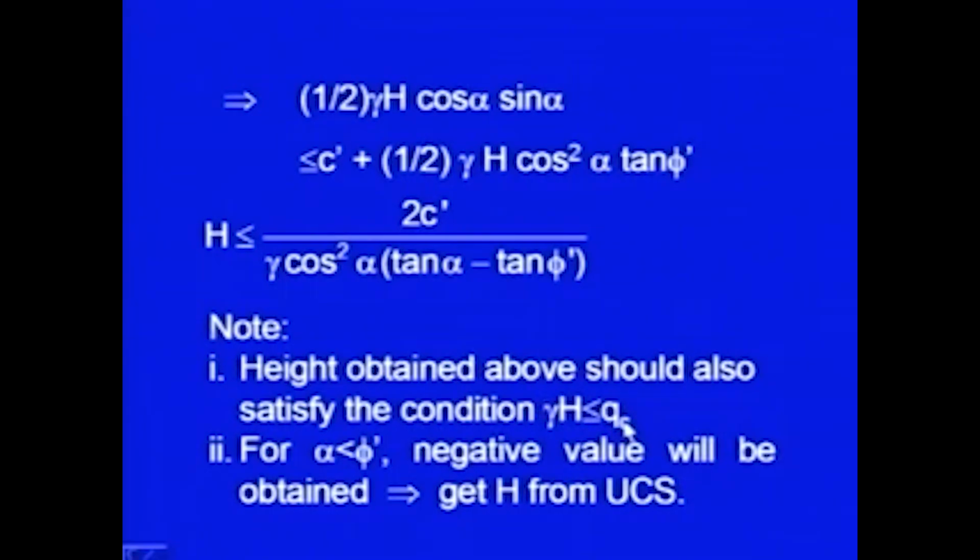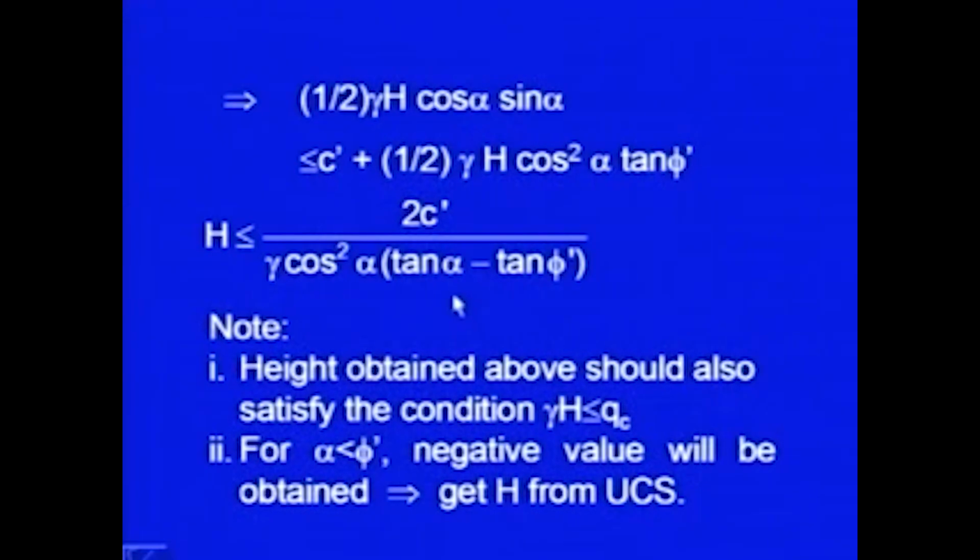This should not exceed the uniaxial compressive strength, otherwise it will fail. The maximum pressure it can take under unconfined state is equal to its uniaxial compressive strength. So this is a limiting condition which we will always check.